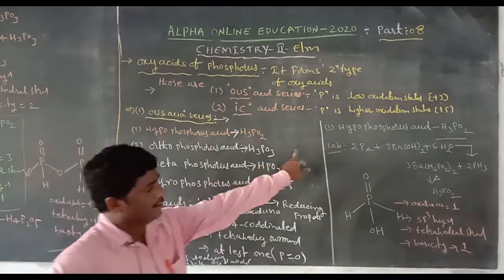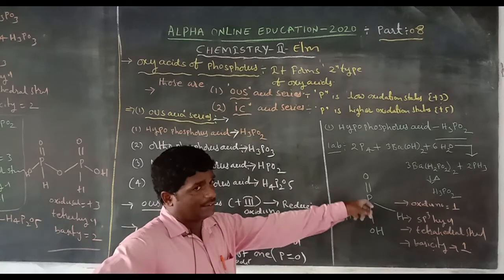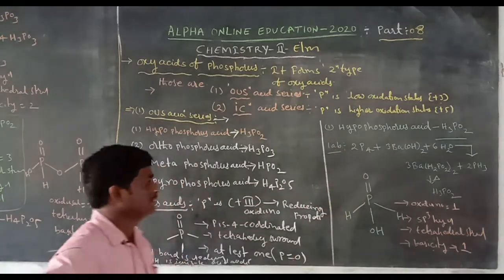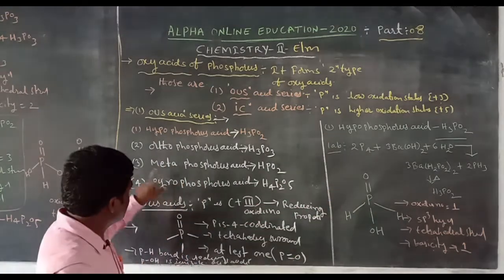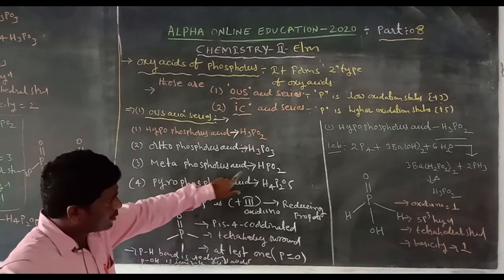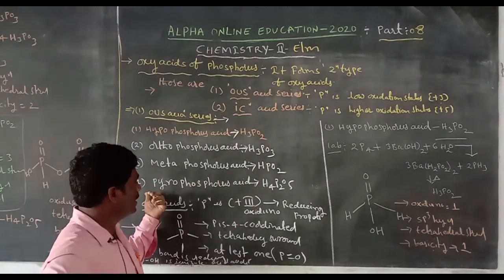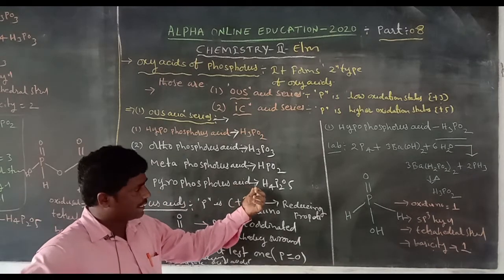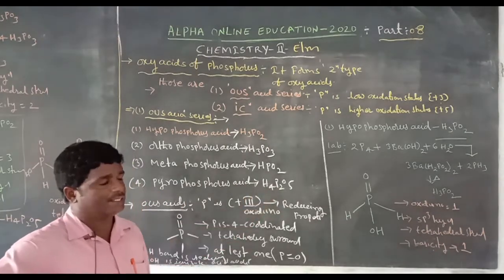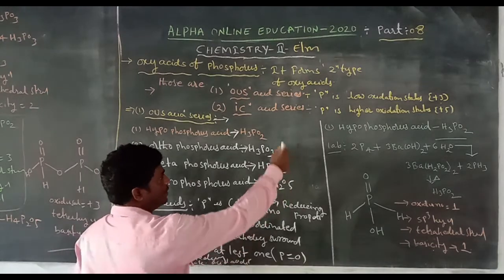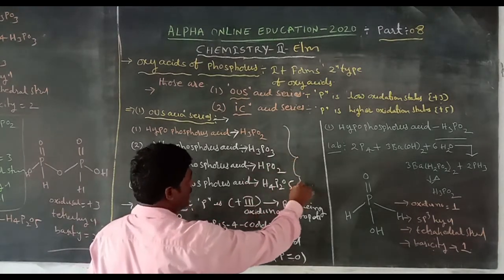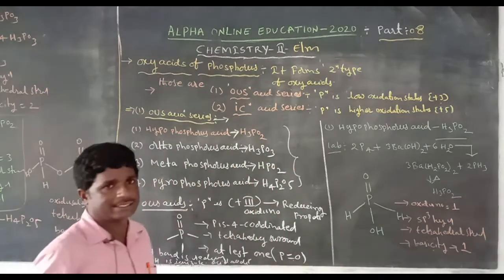That is the structure of the different ous acid series. The third one is metaphosphorous acid, HPO2. The fourth one is pyrophosphorous acid, general formula H4P2O5. Those four types are called the ous acid series.